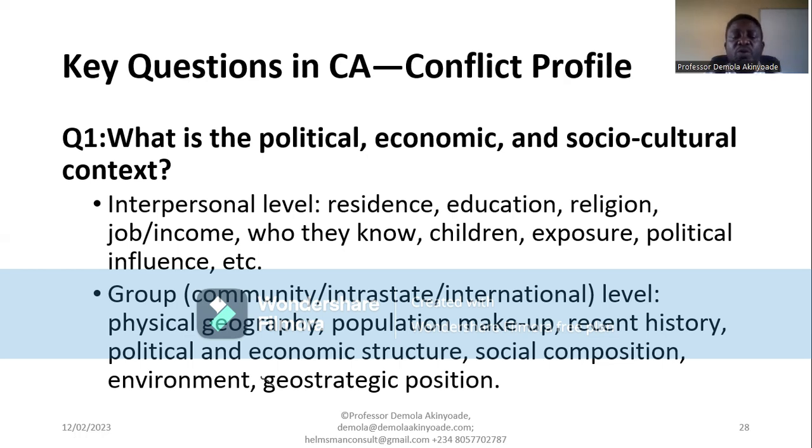We have decided to use the political conflicts, APC, PDP, and Labour Party. I want us to focus on the presidential one. Now, what is the nature of the incompatibility in these conflicts?